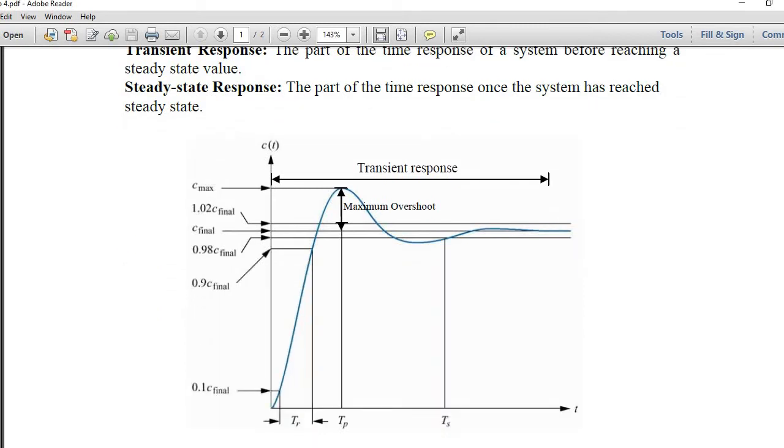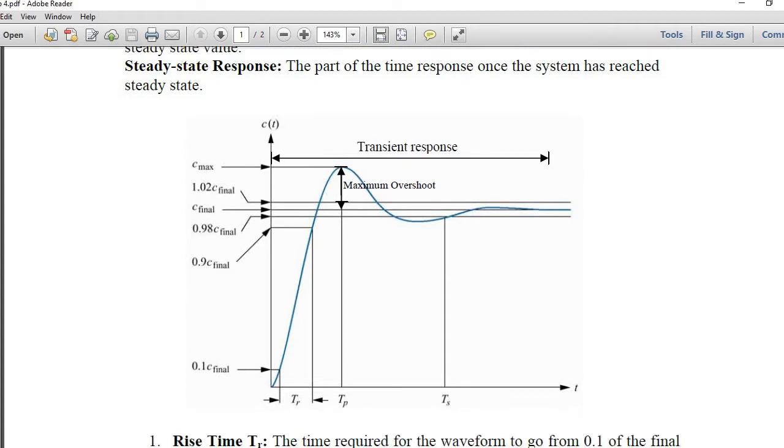For example, if we give a step input to a dynamic system, the final value of this system is shown in the graph here. Now when we give the input, it takes some time to reach the final value. When it has reached the final value, this means that it is in steady state. Before that, the part is known as the transient response.